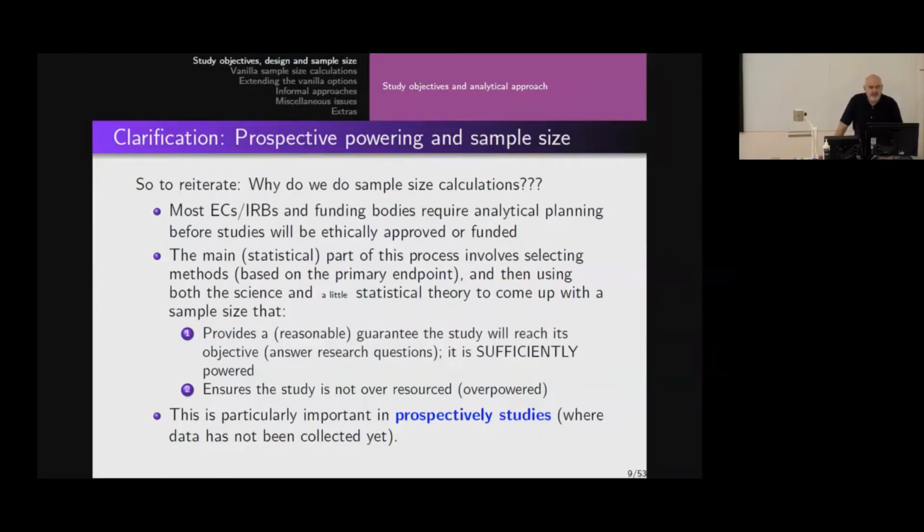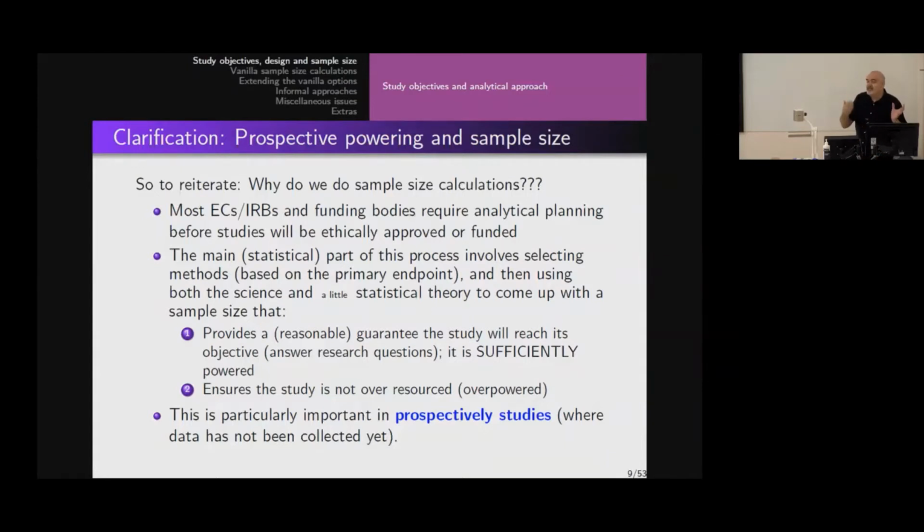The main statistical part of this process involves selecting a method, so a t-test, a chi-square test, a linear mixed model, whatever, based on our primary endpoint, and then using the science.